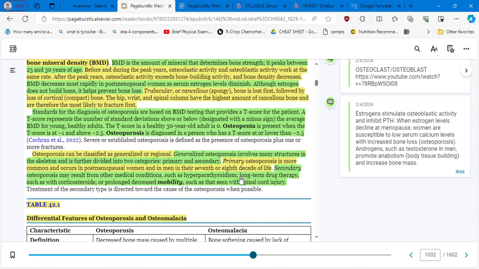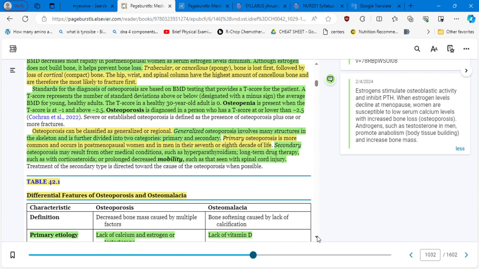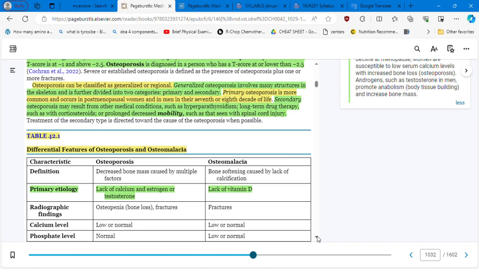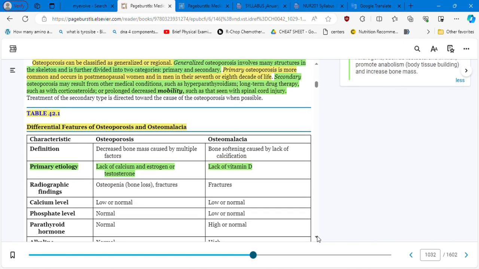So we have hyperparathyroidism, long-term drug therapy like steroids, or prolonged decreased mobility, such as that seen with a spinal cord injury. So patients that are having a sedentary life are at high risk of osteoporosis. Remember that all this activity, production, destruction, and the cycle is going to be affected after 30 years of age.